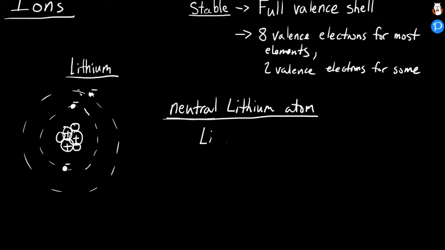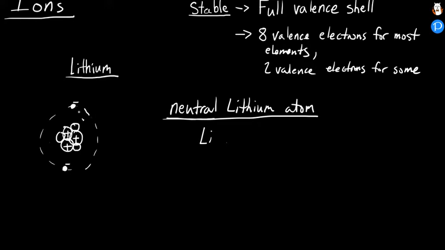But if lithium, which it is very eager to do, loses this electron, which it really, really wants to do, now it's no longer a neutral lithium atom because it has an imbalance of charges. Because look, now I've got 1, 2, 3 protons. That number hasn't changed, but my amount of electrons has changed.